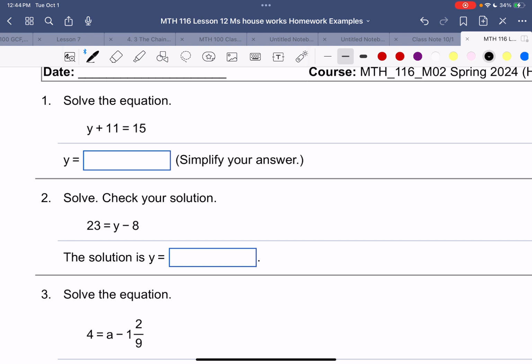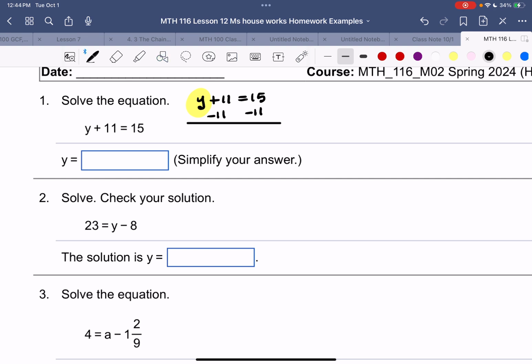If I have, example 1, y plus 11 equals 15, and my goal is to isolate that y, I'm going to have to subtract an 11 from both sides. So y is going to be 4.